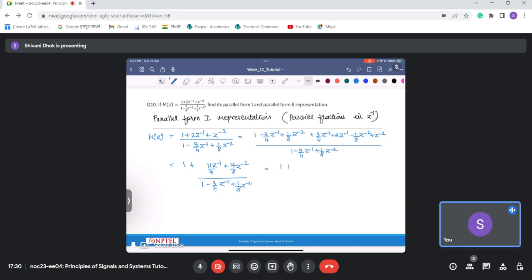This I can write as 1 plus z^-1, inside the bracket I'll write (11/4 plus 7/8 z^-1) whole divided by (1 minus 1/2 z^-1)(1 minus 1/4 z^-1). Now let us consider the partial fractions for this.